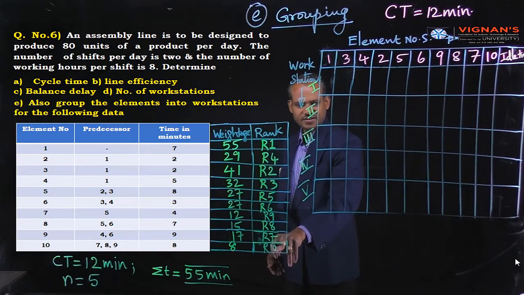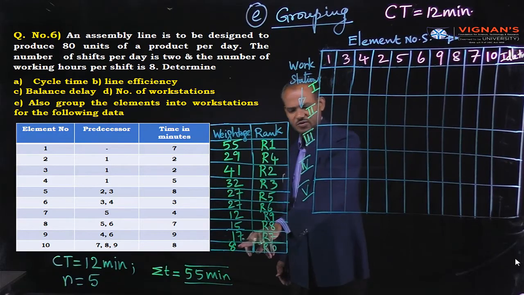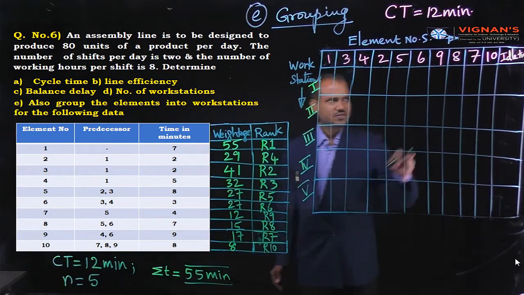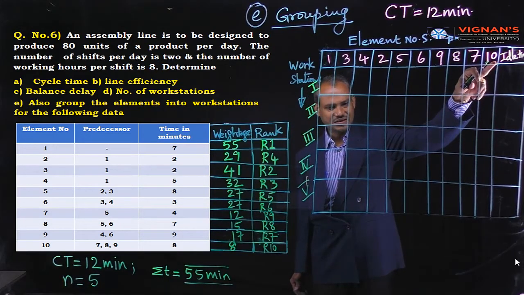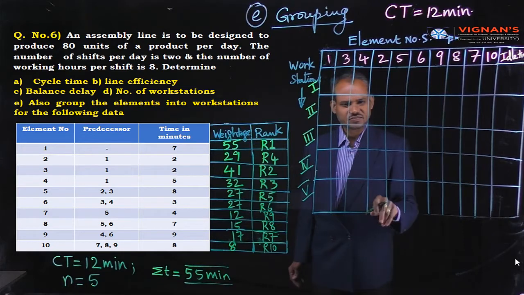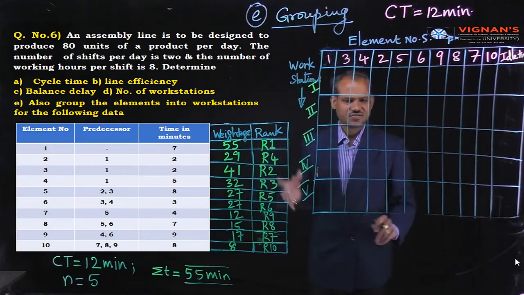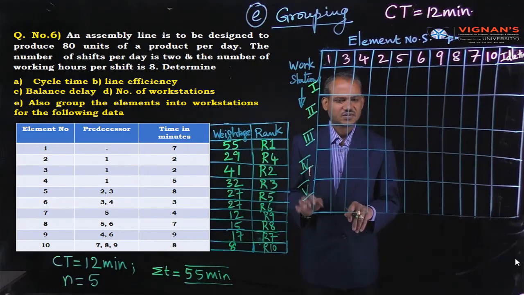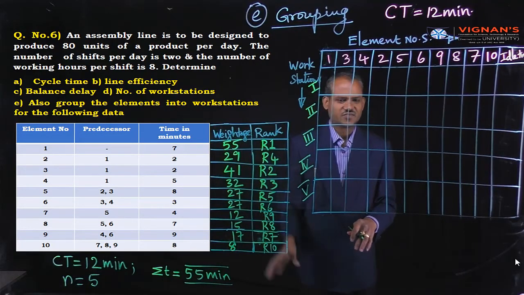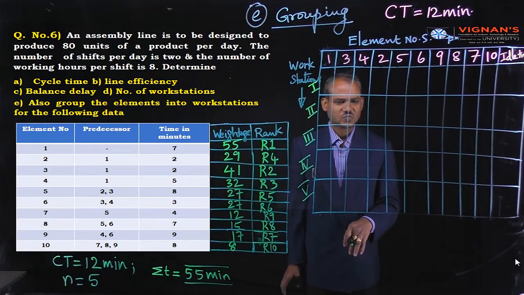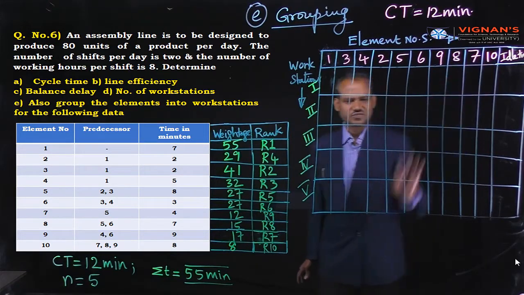What is the last element? Last rank is 10, assigned to element number 10. That's why I have written 10, the last work element, based on the ranking. This ranking is based on weightage. Do the calculations carefully, particularly the weightage. So I have written all these work element numbers.